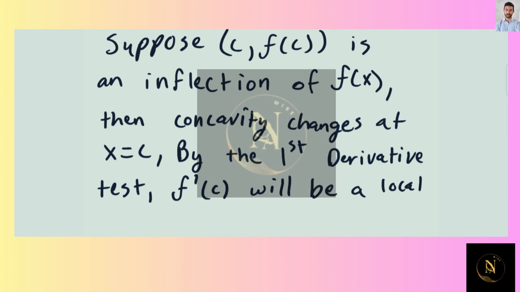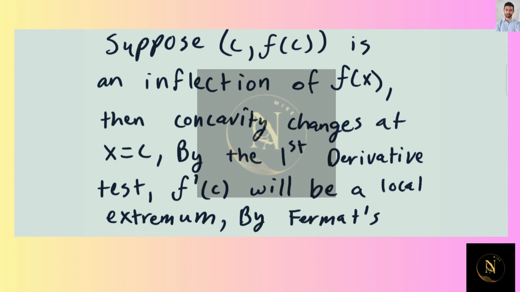That means it will be either a local max or a minimum value for our first derivative of f. And since our first derivative of f has a local extrema at this point c, we can say that by Fermat's theorem, which just says that a local minimum or maximum of a function f means that the derivative of that function is 0 at that point.